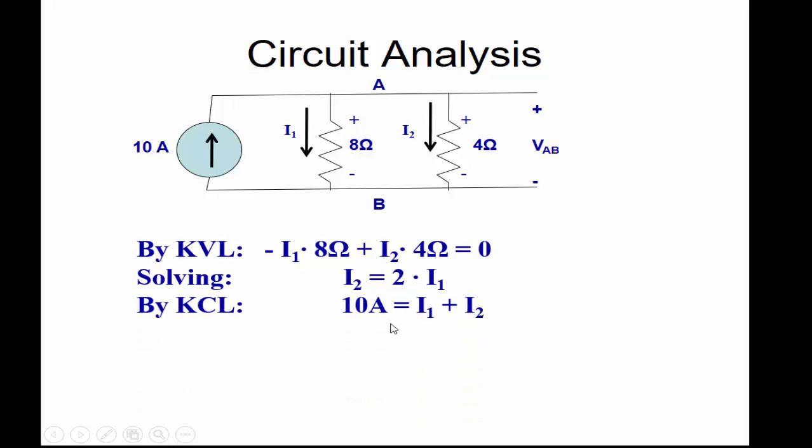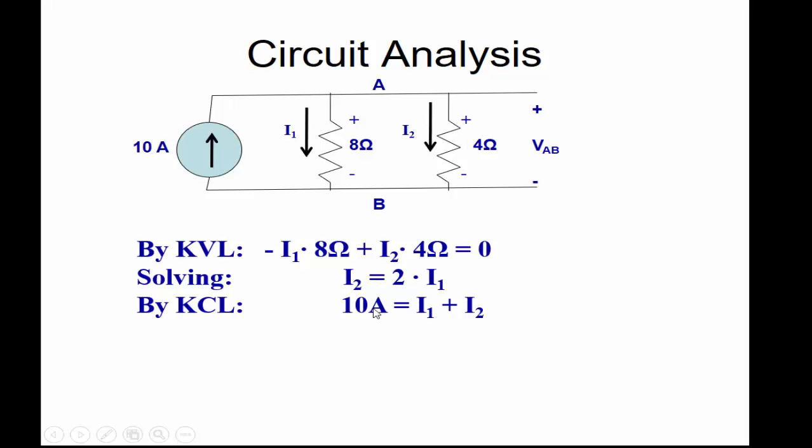Now, according to Kirchhoff's current law, since the two nodes are like one node and this is a current source, 10 amps minus I1 minus I2 is equal to 0.